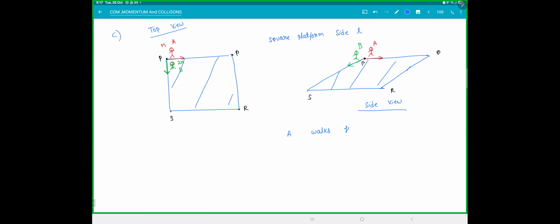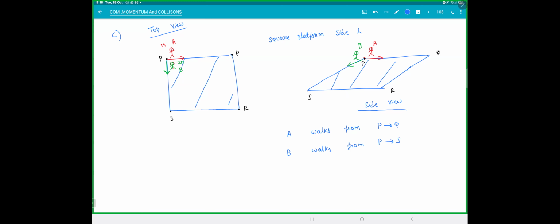A walks from P to Q. B walks from P to S. Find the displacement of the platform.